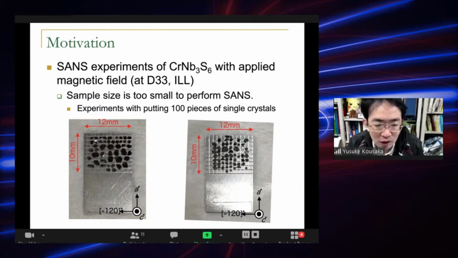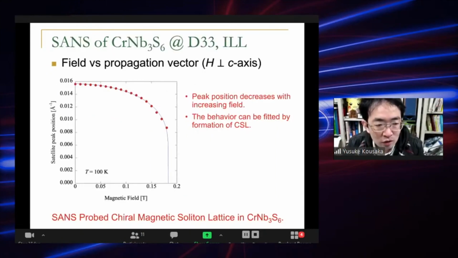Because of the time, we will briefly show the result. This is the field dependence of the propagation vector when we apply the field perpendicular to the c-axis. The satellite peak position decreases with increasing magnetic field.